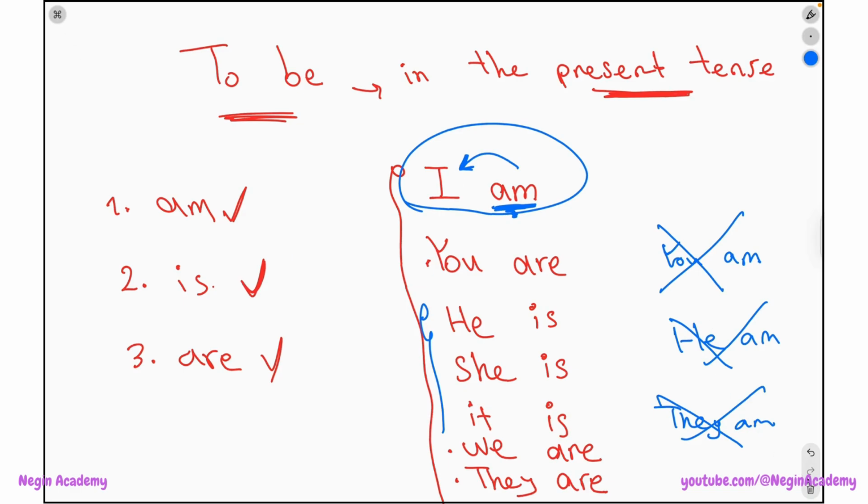Let's look at some examples. I'm going to erase the board, and here I'm going to write some examples for you. First example, we have the subject I, a teacher. Which to be verb can be used here? I am. Excellent. I am a teacher.